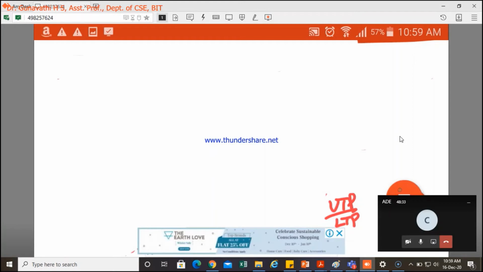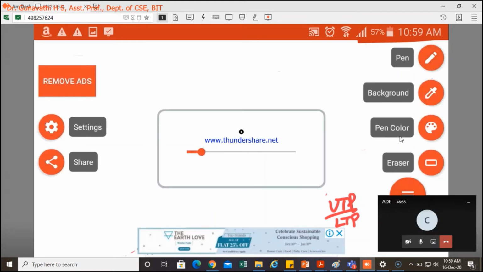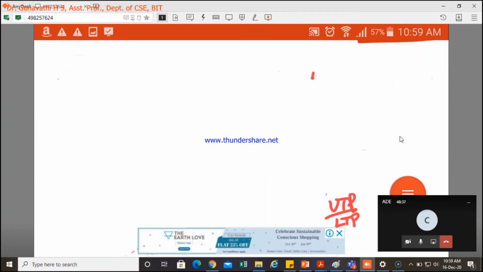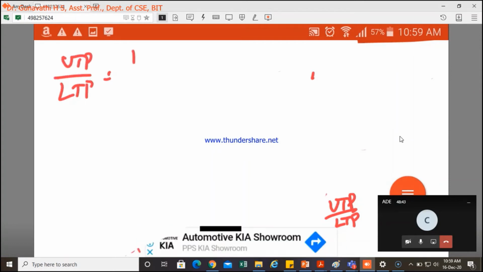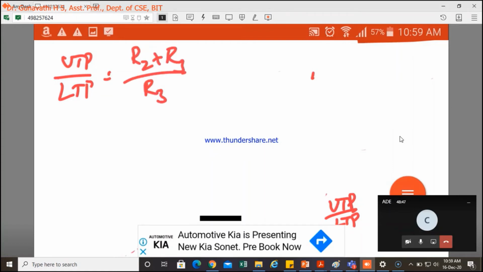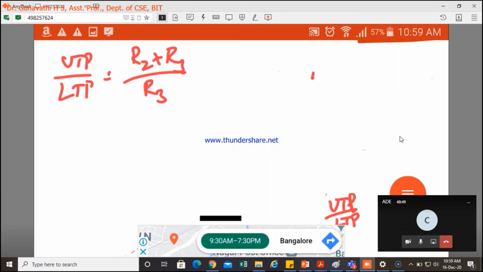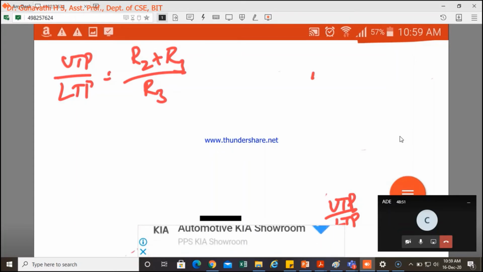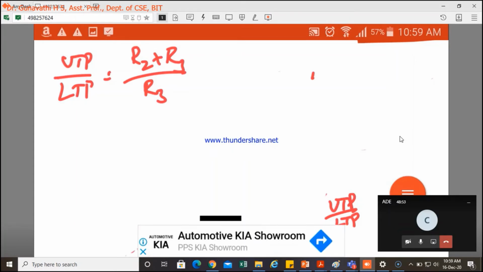So UTP by LTP, we get R2 plus R3 divided by R3. Directly written the second step here. So what's the value of UTP and LTP given for us?